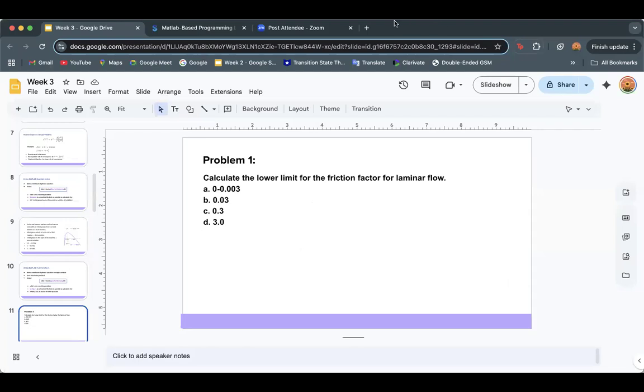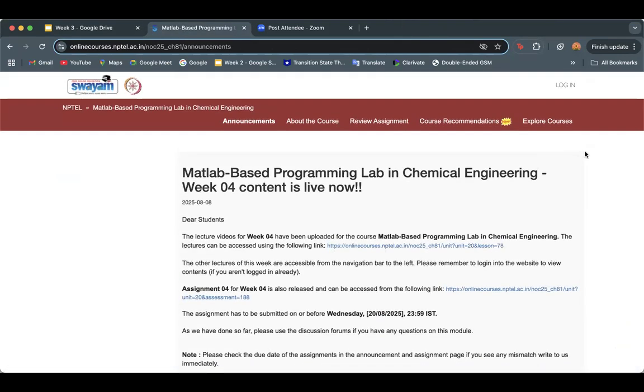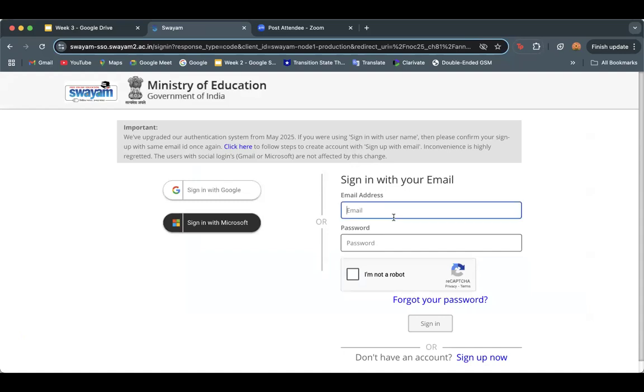In this course page, if you go here, I have to log in, I think. Just give me a second. Let me just log in.